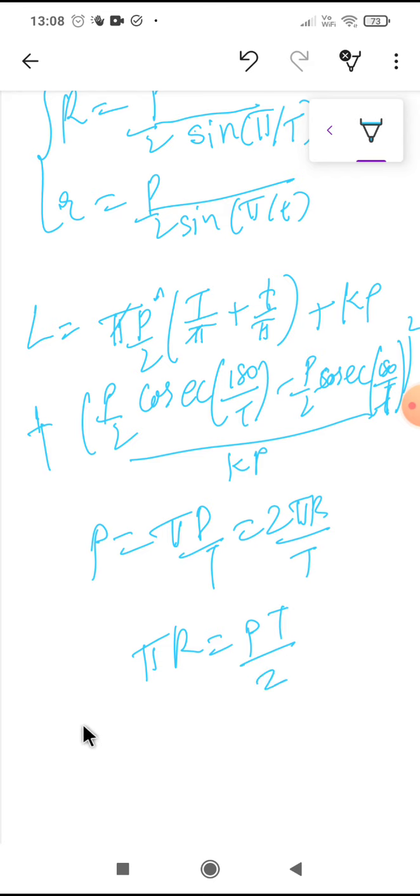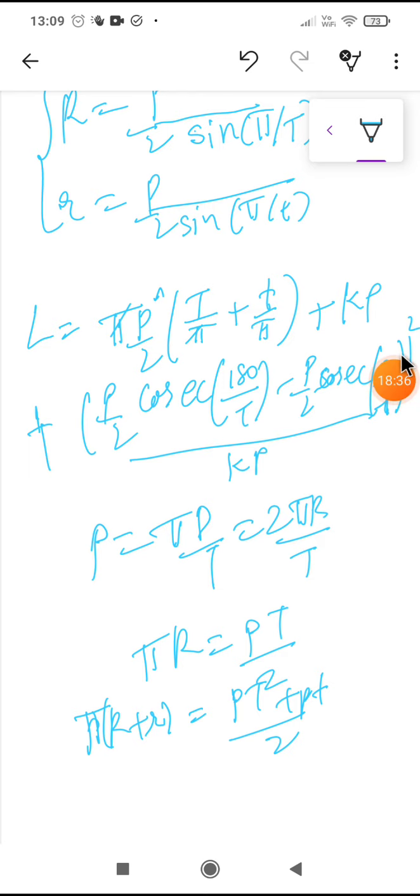So if I want to write pi (R plus r), I can write it as pT plus pt divided by 2. So instead of pi (R plus r), this is what I am trying to convey, and so this I have mentioned.